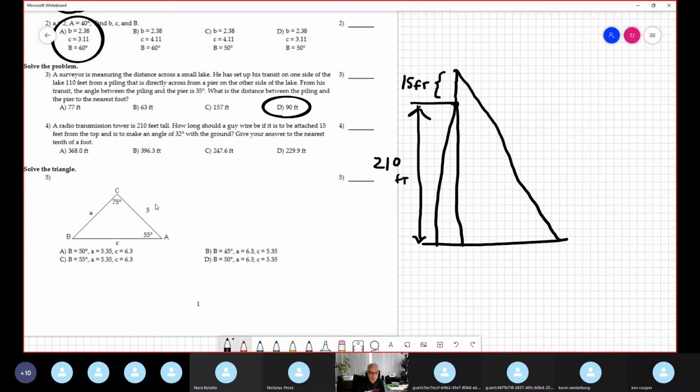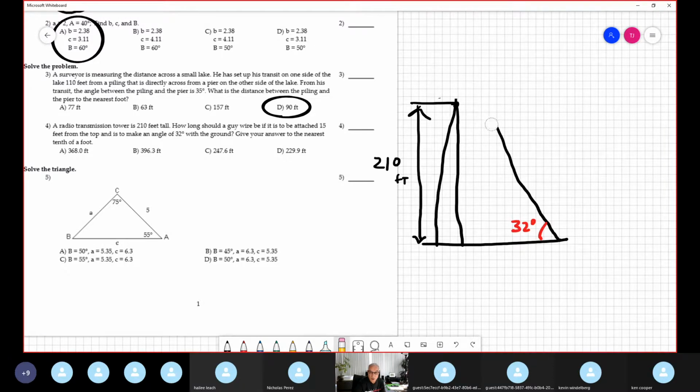The angle is 32 degrees. Professor, I think it's saying that the wire is attached below the 210 feet. It's below. How do you know it's below? Because it says it's to be attached 15 feet from the top, meaning it's below it. Okay. Makes sense for you? Does everyone agree with her? She says, I have the solution on my piece of paper in both directions, but okay.